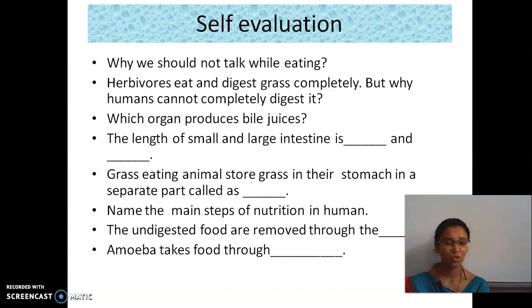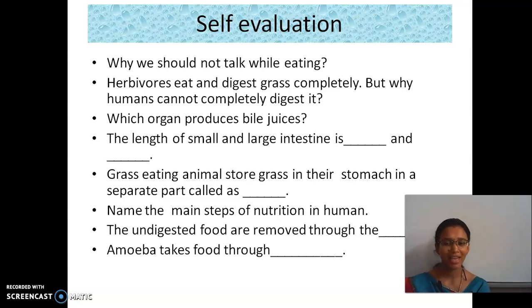And what is the process which takes place there in those animals? Rumination. Rumen is the separate stomach, and rumination is taking that food in small lumps and digesting it again. That process is called rumination. And these types of animals are called ruminants.